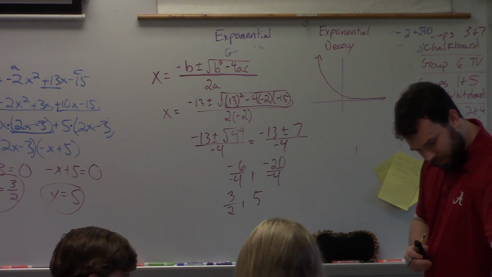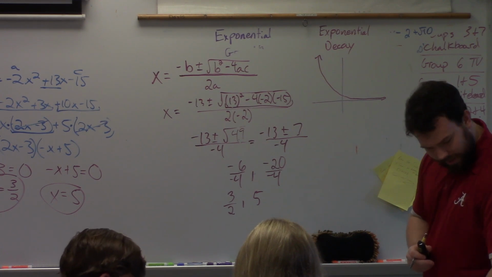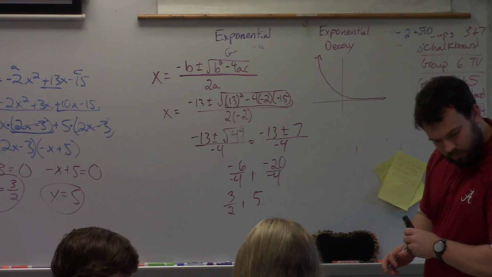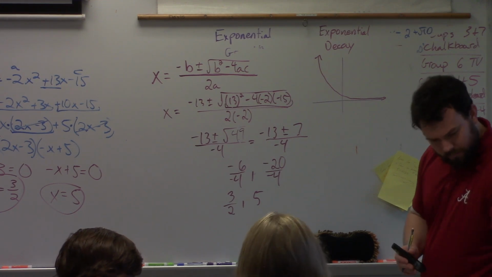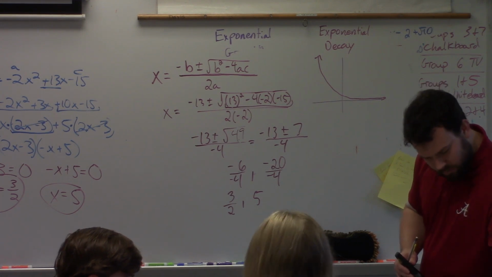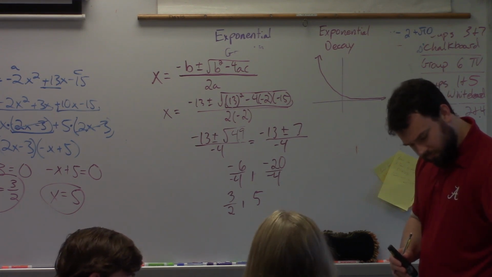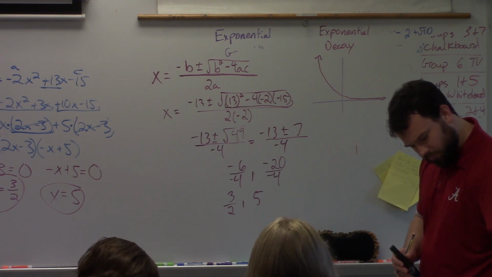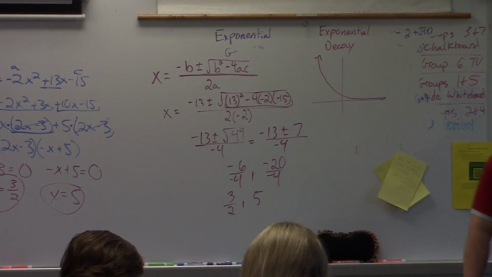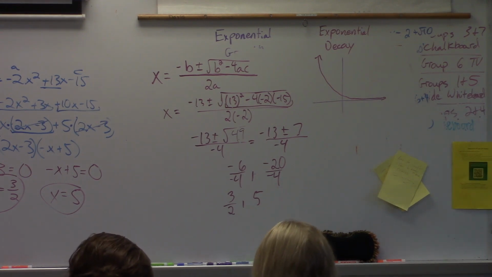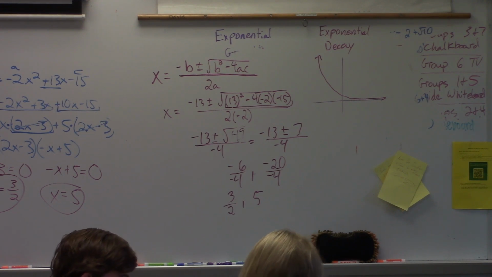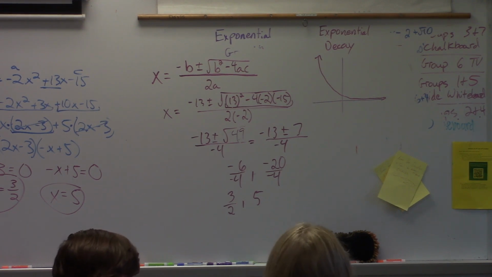M3-108. Oh, 110. M3-110 is where we were. Okay? So M3-110 out of the book. And then we'll get quickly into lesson 3. The whole point of all this is the inverse of the exponential function.